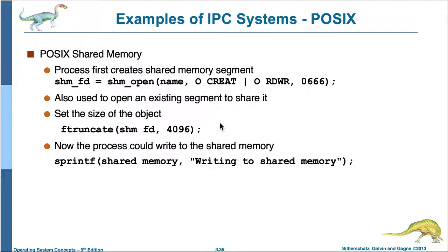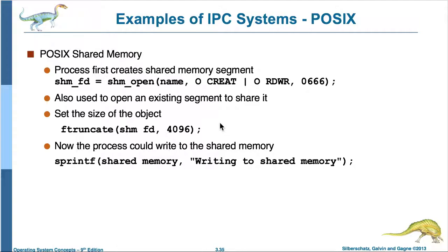In this case, it's a fixed size buffer, and then finally also to write to that shared memory. We will also be using a function called mmap, which establishes a memory mapped file containing the shared memory object. As we can see here, the first step is to use the shm_open, the shared memory open system call, to create the shared memory segment.